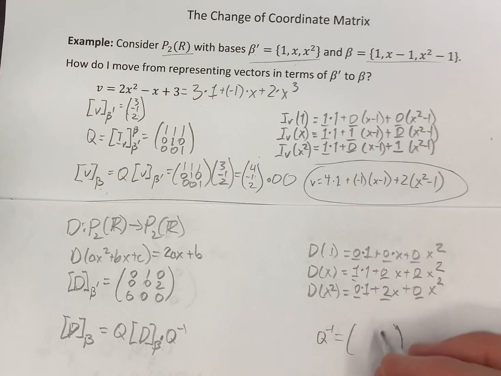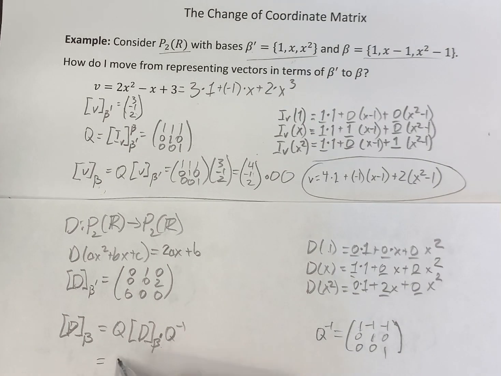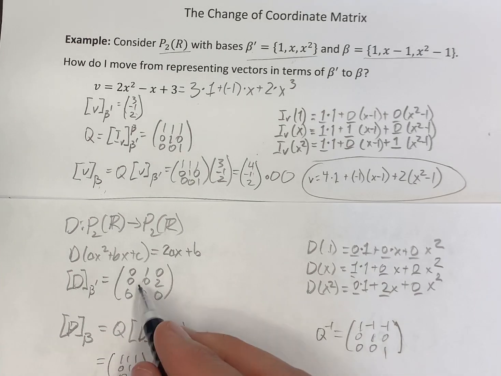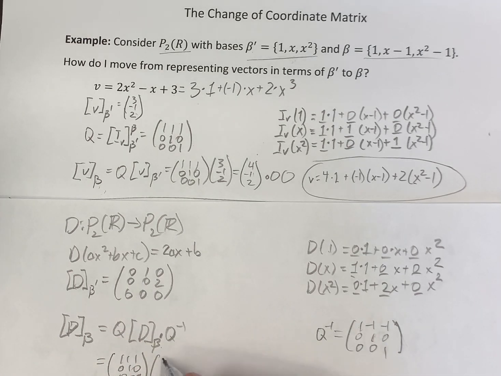You could calculate this yourself using any number of algorithms, but I just calculated it ahead of time. It is 1, negative 1, negative 1, 0, 1, 0, 0, 0, 1. So Q is 1, 1, 1, 0, 1, 0, 0, 0, 1. The matrix representation of D in terms of beta prime is 0, 1, 0, 0, 0, 2, 0, 0, 0.